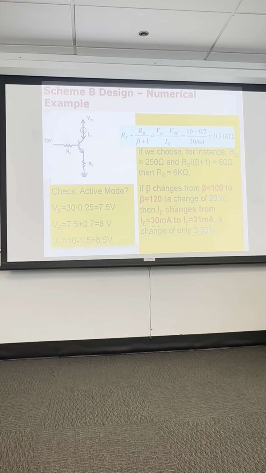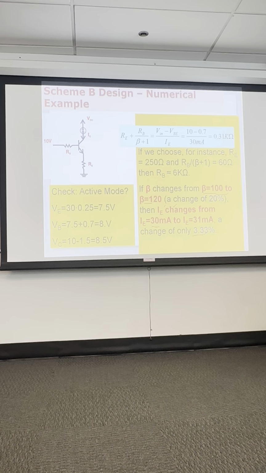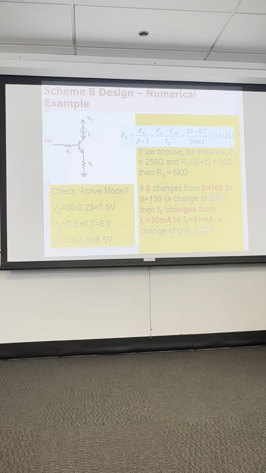And then you would use that, because this is just an arbitrary beta going from 100 to 120. What if your real beta changed by 50% or something? And you basically decide I'm going to keep that as a worst case for this design. So far, the circuit appears to work.